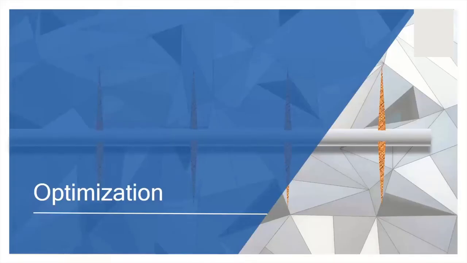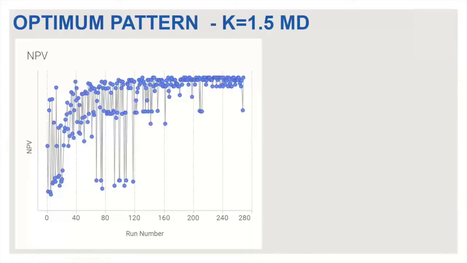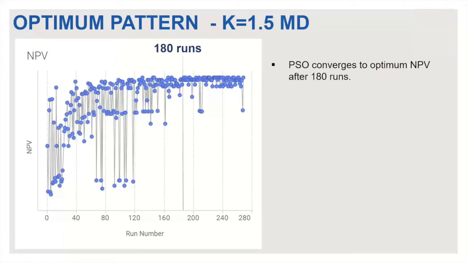So how the optimization was done is we've used the PSO optimization and we defined NPV as a variable to maximize. And you can see that within roughly 180 runs, the PSO converges to an optimum NPV.